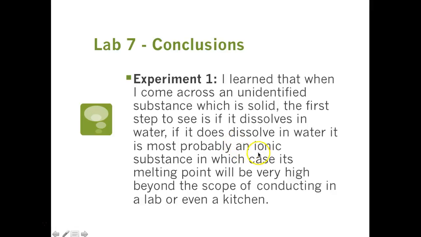If it is an ionic compound, it's going to be in most cases quite soluble, not necessarily all cases. All right, ionic compounds have high melting points, so I would not necessarily be able to do a kitchen chemistry experiment to determine what my unknown solid is, especially if it's an ionic compound.